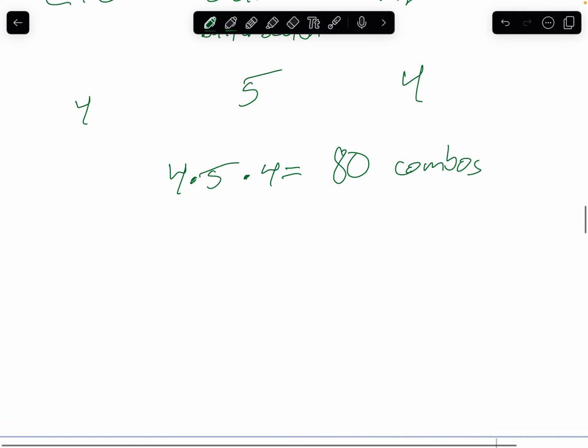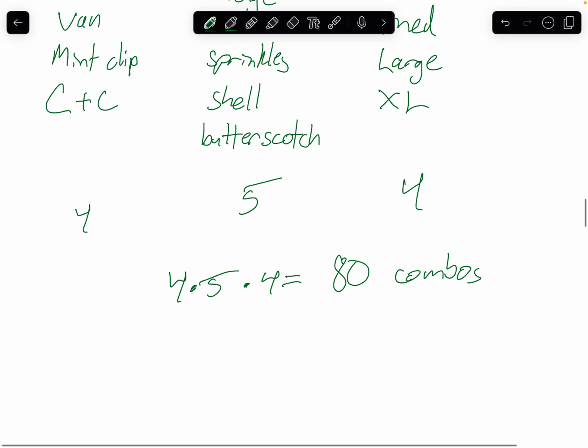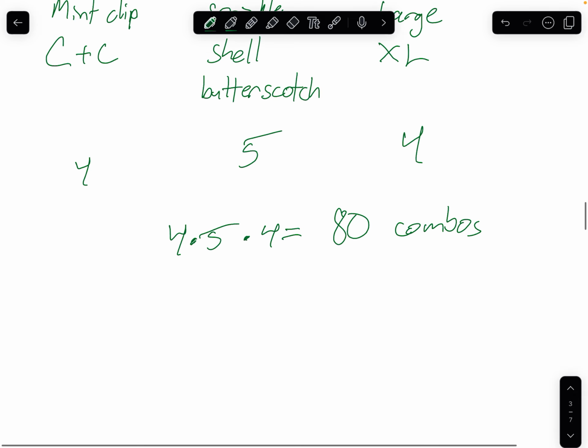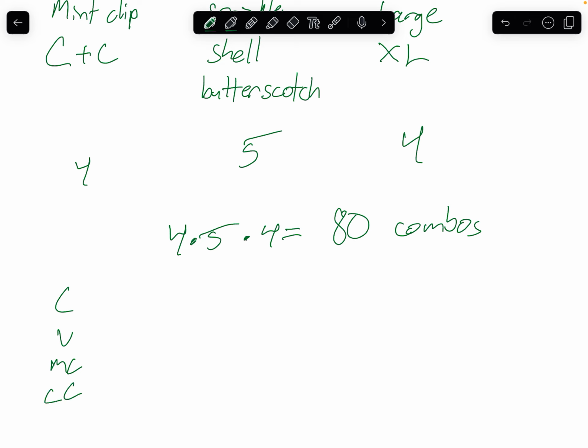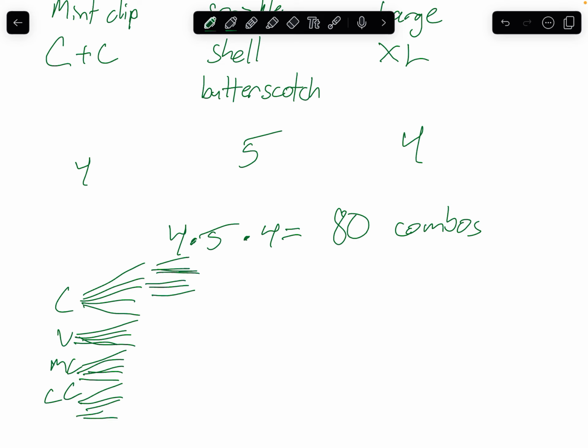If we wanted to make a tree diagram, we absolutely could. Okay. We would start off with all of our flavors: chocolate, vanilla, mint chip, cookies and cream. But then we would have to have 5 toppings for each of those. And we'd have to have 4 sizes for each of those.